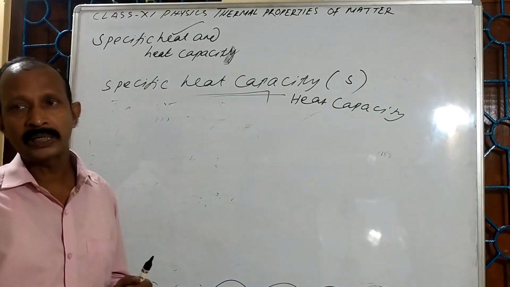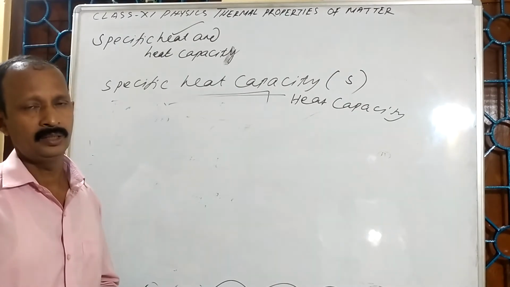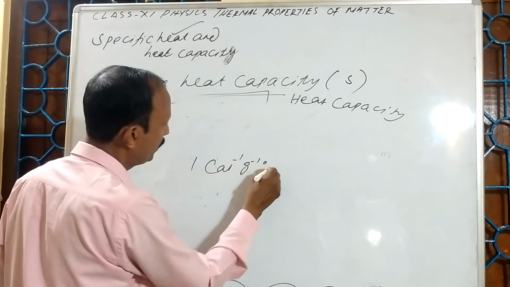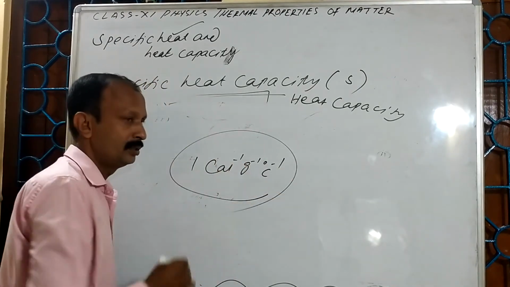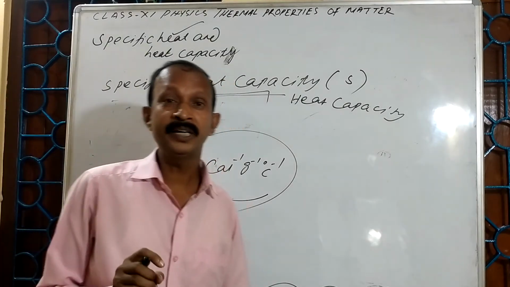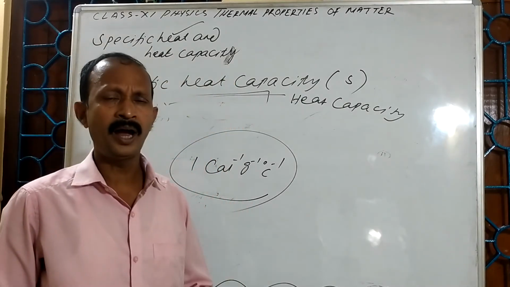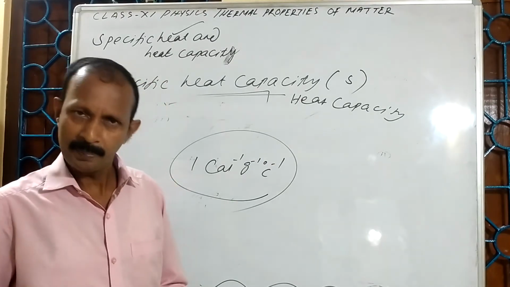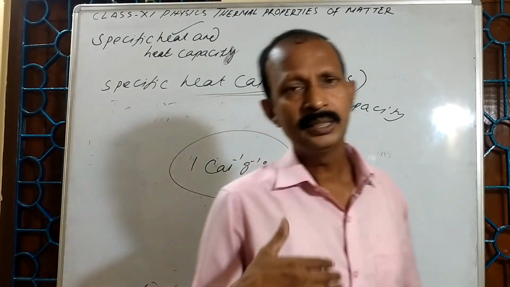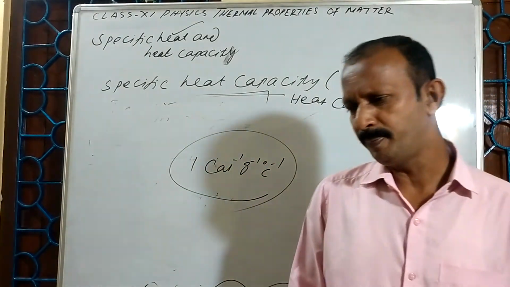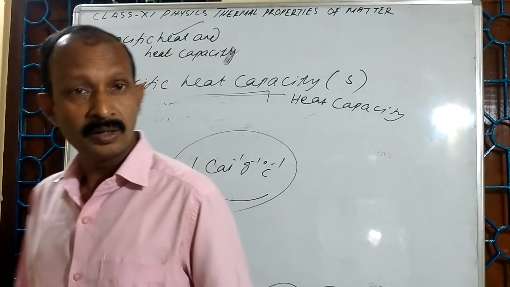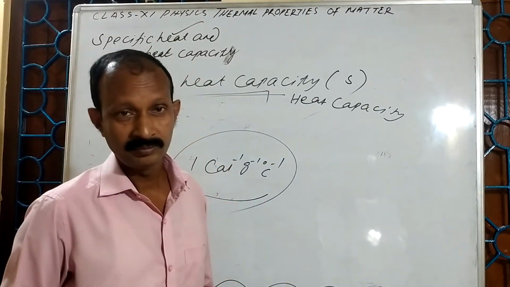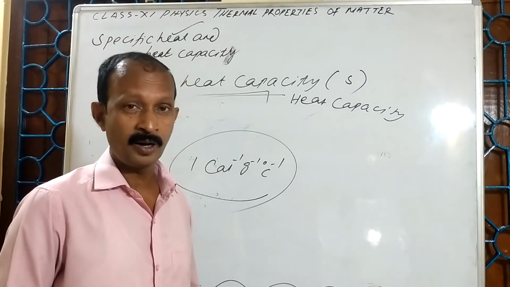In case of water, this is highest. You can say that it is 1 calorie per gram per degree centigrade in case of water. Its specific heat is high. If the specific heat is high, then the change in temperature will be low. Change in temperature may be a rise or a fall in temperature. You see the watermelon, you placed inside the refrigerator, you brought it outside and kept for a long time.